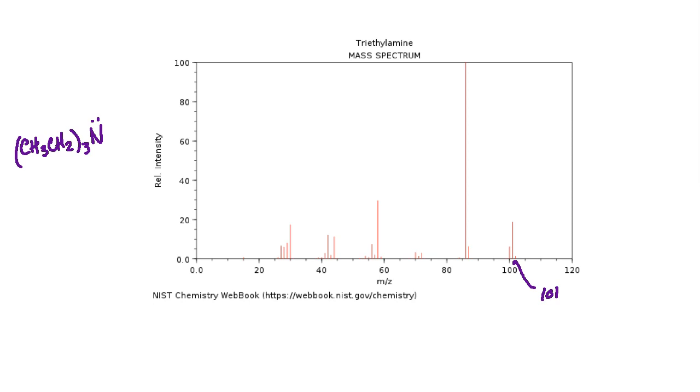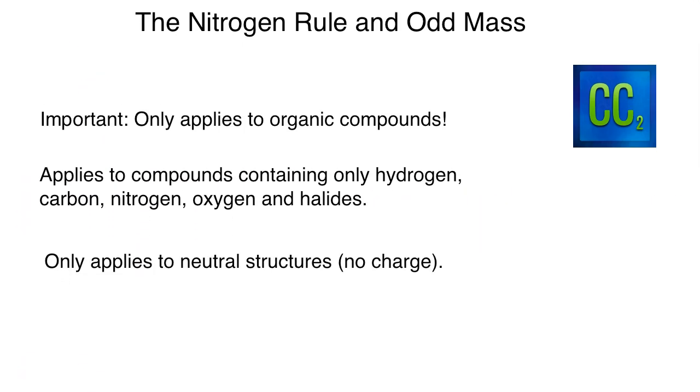So hopefully this helps tie everything together and you now understand the nitrogen rule, again sometimes called the even-odd mass rule. So just in review, it only applies to organic compounds. It applies to compounds containing only hydrogen, carbon, nitrogen, oxygen, and halides. That's a little bit redundant because that's primarily what organic compounds contain. However, let's say you find the odd organic compound that contains a metal or something like that embedded into the structure.